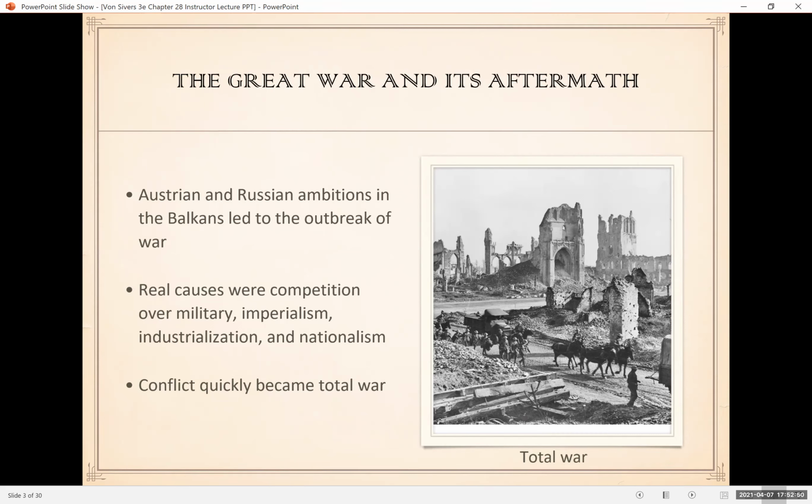The people at home saved food. They had ration stamps. They couldn't do all sorts of stuff. They had to save gasoline. And because so many men had to go fight, women had to work in the factories.